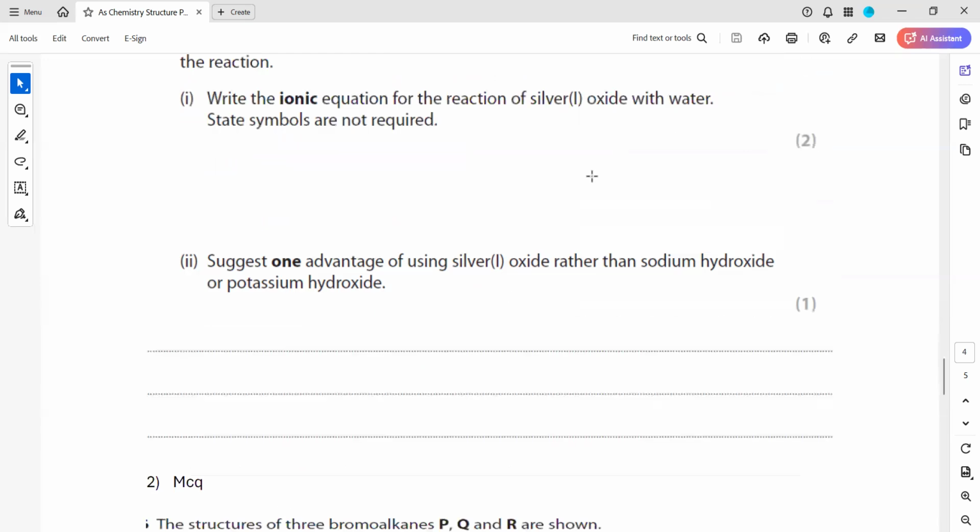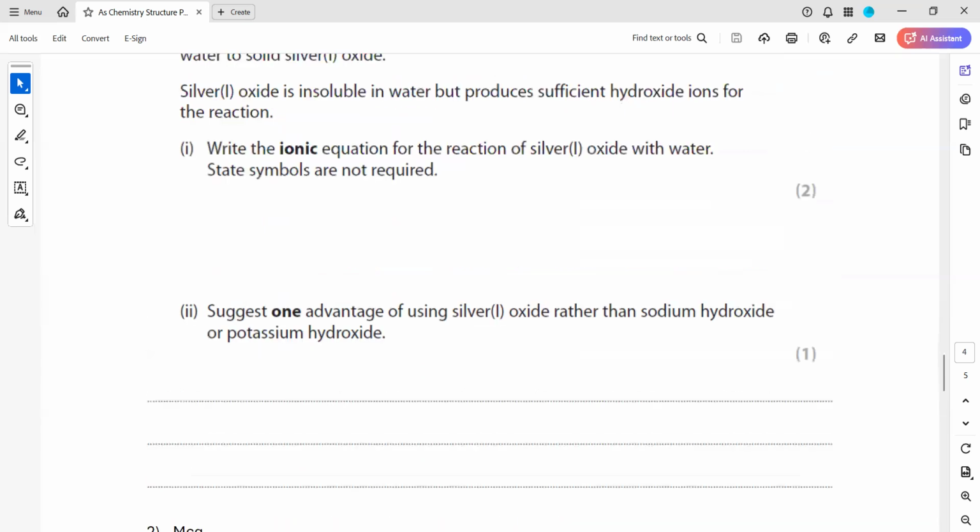Suggest one advantage of using silver 1 oxide rather than sodium hydroxide or potassium hydroxide. So, as you can see, sodium hydroxide and potassium hydroxide are soluble already.